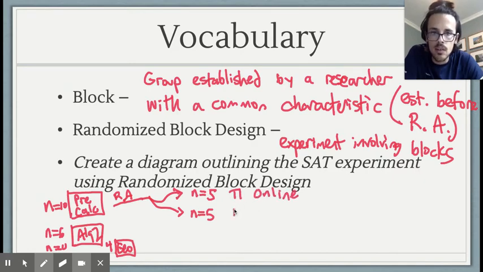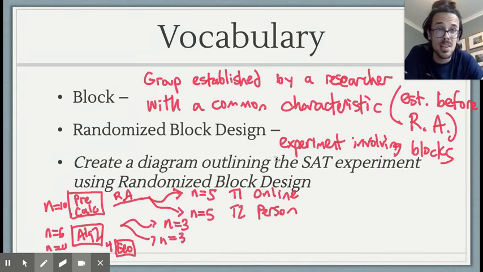And then you have the remaining 5 go to the in-person class. And you would have the same sort of deal with the Algebra 2, except this time there were only 6 of them. So you'd have 3 and 3. So that way you're basically making sure you have 5 pre-calc kids in each group, 3 Algebra 2 kids in each group. And we'll talk about why this is beneficial as the lesson progresses here, but that is what blocking essentially means.